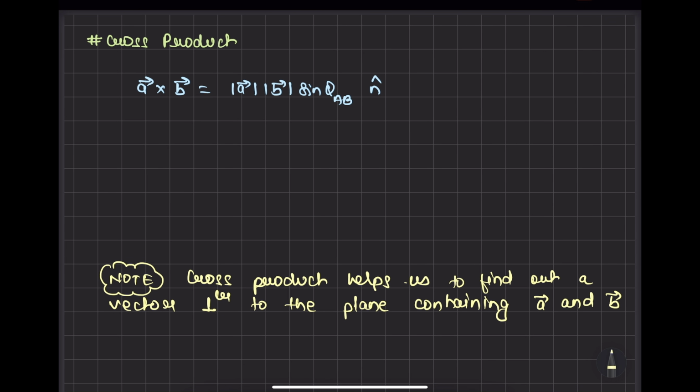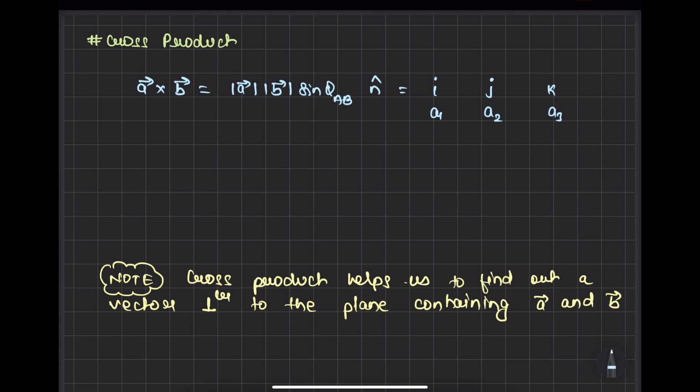Now the idea is, suppose you are not comfortable finding it this way. There are two ways to find the cross product. The first one is this, and the second one is you write i, j, k over here, and then you write down the components of vector a: a1, a2, a3. Suppose the vector a is a1 i plus a2 j plus a3 k.